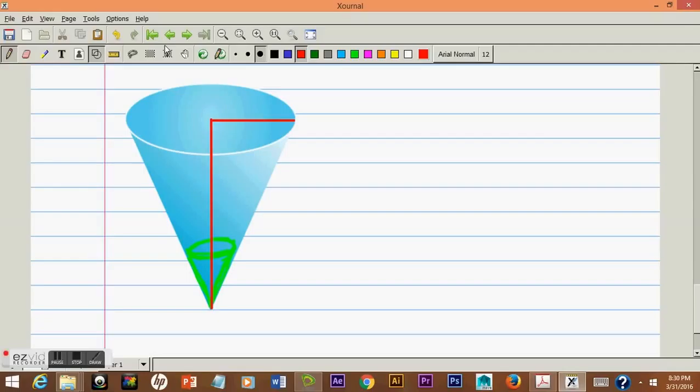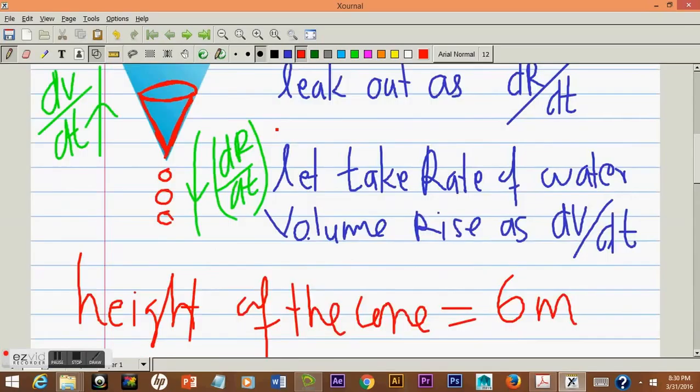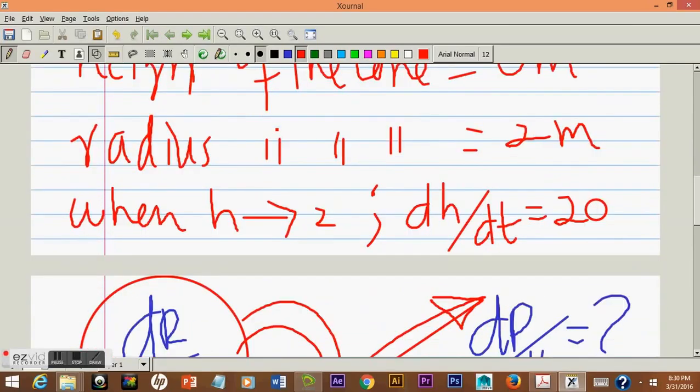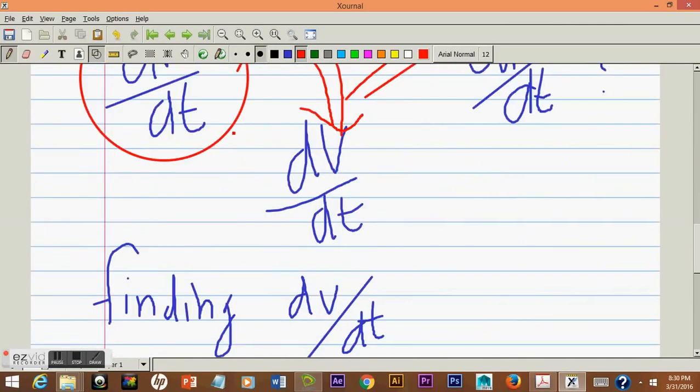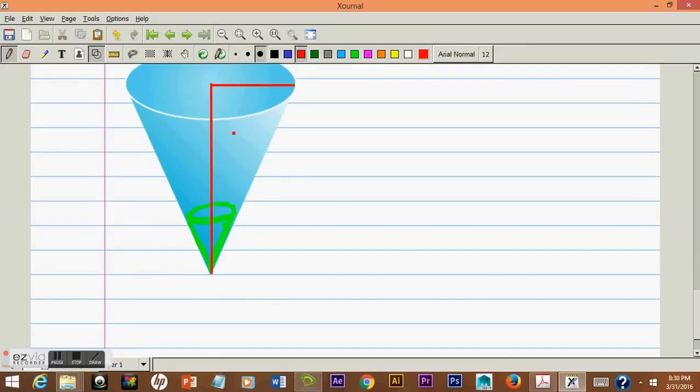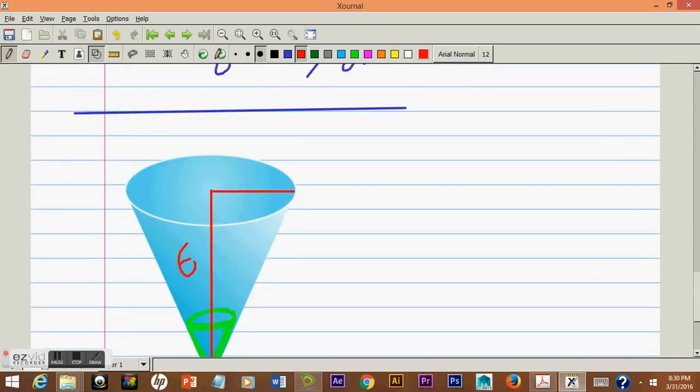So let's check it again. Yes, 6 and 2 is confirmed, so we can write the values. This is 6, and this is 2. We have denoted the values.